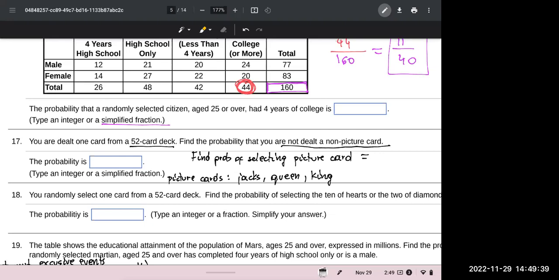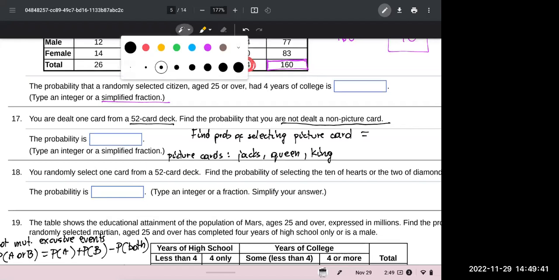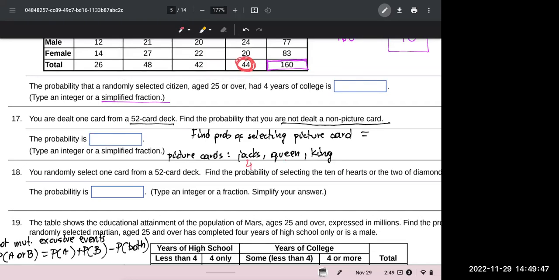Okay, we have 3 types of picture cards, but we have to remember that in a deck of cards we have 4 jacks, 4 queens, and 4 kings. So the total amount of picture cards will be 4 plus 4 plus 4, which is 12, divided by 52.